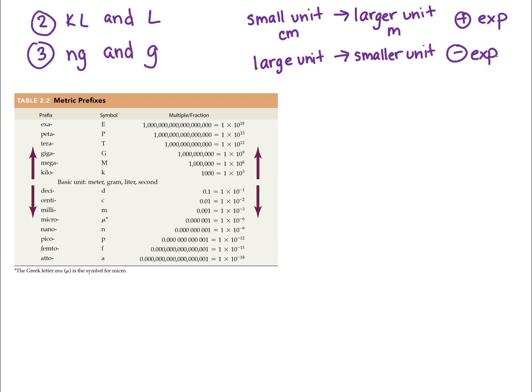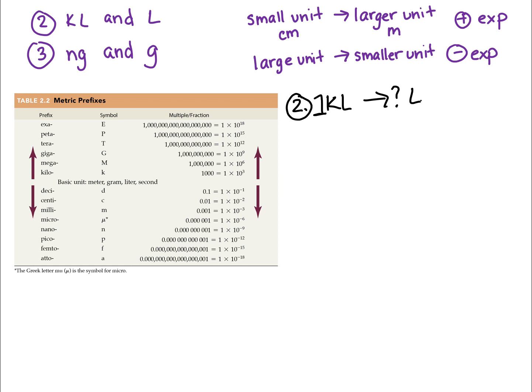So let's walk through number 2 again, and then I'll let you try number 3 on your own. So for number 2, we have kiloliters and liters. Let's say that we have 1 kiloliter, and we want to figure out how many liters there are. So you have to establish, okay, we're going to talk about kiloliters.